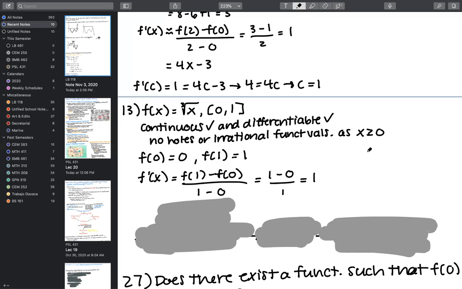So I believe, if I remember correctly, the visual representation for the MVT is that on the interval a to b, this is the estimate. This is what we're finding by using this estimation technique here. We're finding a secant line from a to b, but that's clearly an estimation.